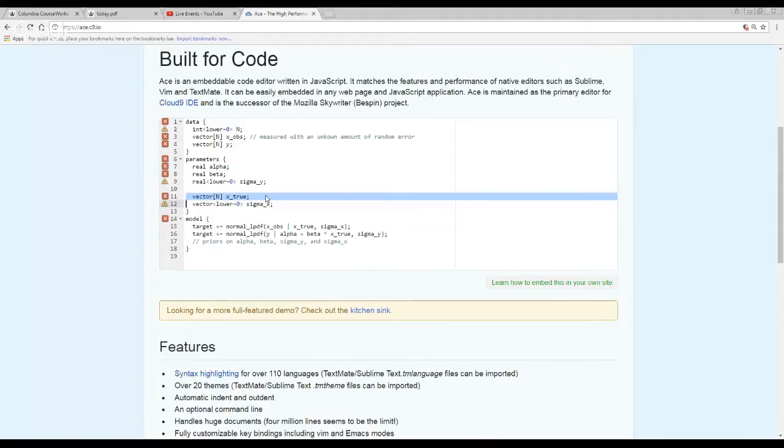But from a Bayesian perspective, just counting up the number of parameters is kind of a red herring. Sure, we have n plus 4 parameters here, but we have prior information about those parameters, and particularly for x true, we have the prior information that our observed value is on average equal to the true value, and we have some prior information on how much variance there is to that relationship.